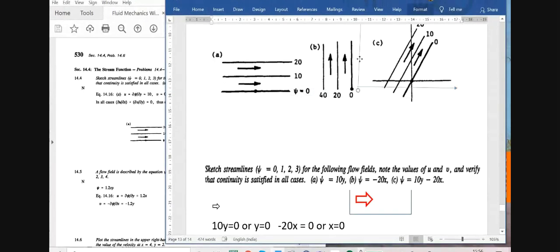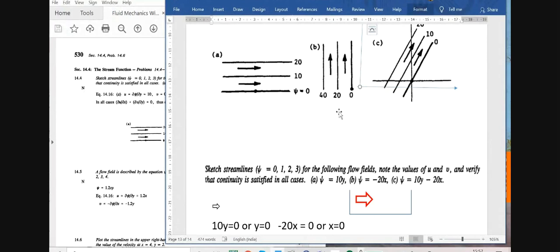Because all along this line, x is 0. If you take any point on this, x is 0. So x is equal to 0 indicates a vertical line. So these are all the flows. Therefore, psi is equal to minus 20x indicates a parallel flow in the vertically upward direction, right?